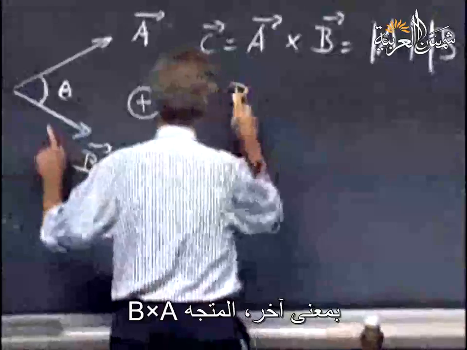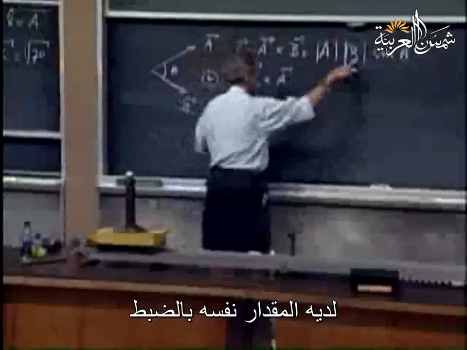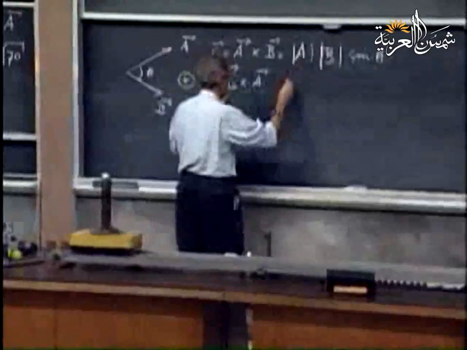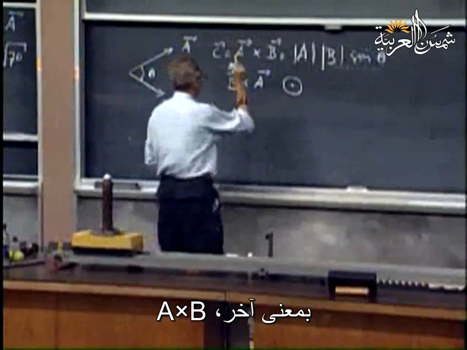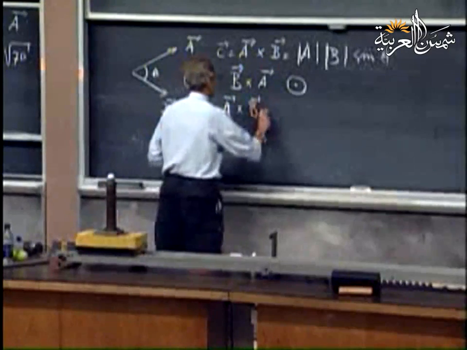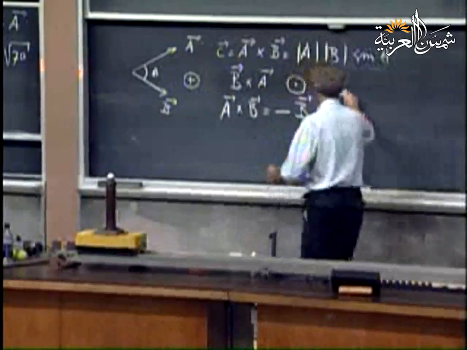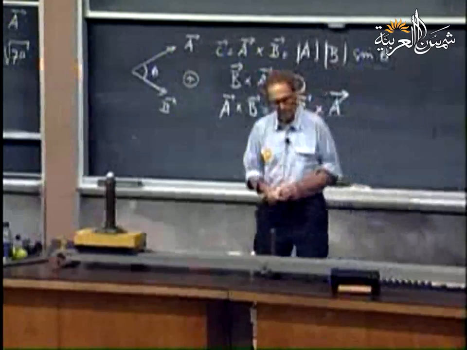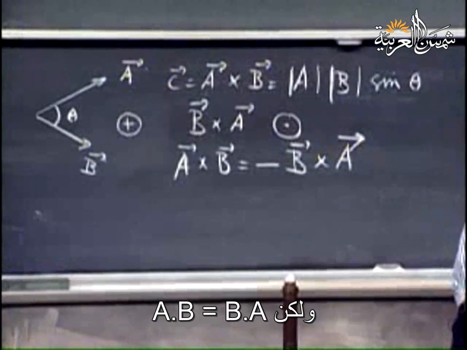In other words, for this vector, B cross A would have exactly the same magnitude, no difference, but it would be coming out of the blackboard. In other words, A cross B equals minus B cross A, whereas A dot B is the same as B dot A.